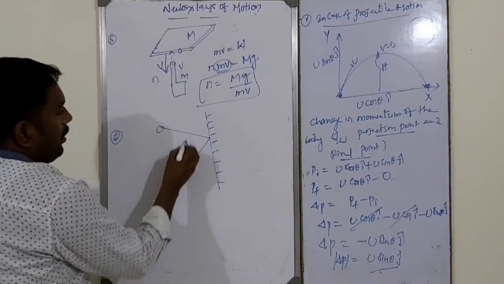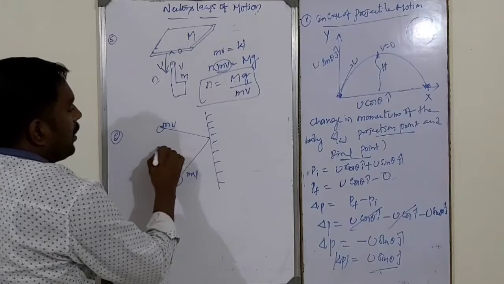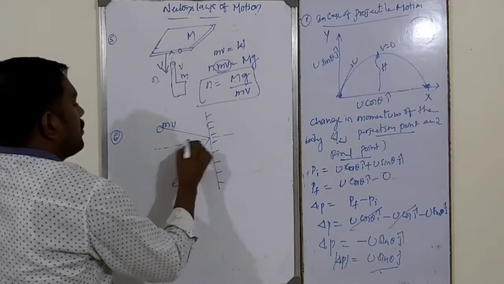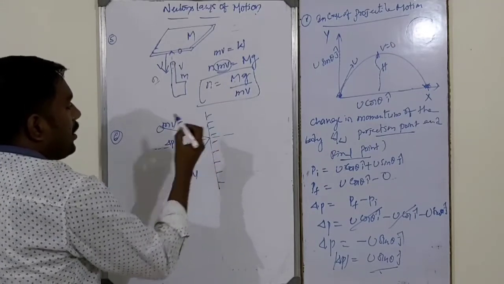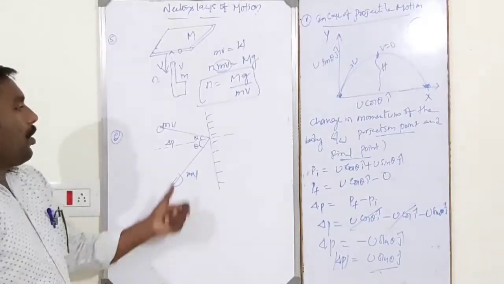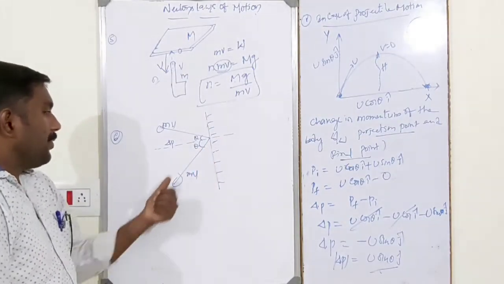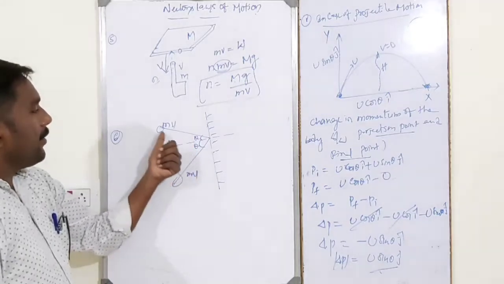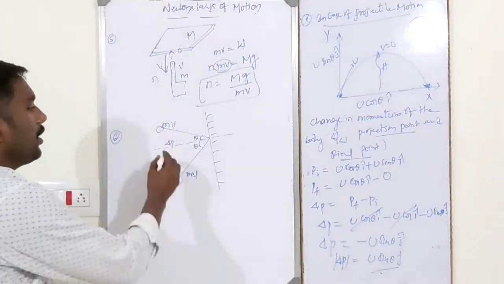This is the initial momentum of the body, and this is the final momentum of the body. This is the change in momentum direction. This is theta, and this is also theta. So the body strikes the wall, then returns back at an angle theta. Theta is the angle between the initial direction of the body and the normal.